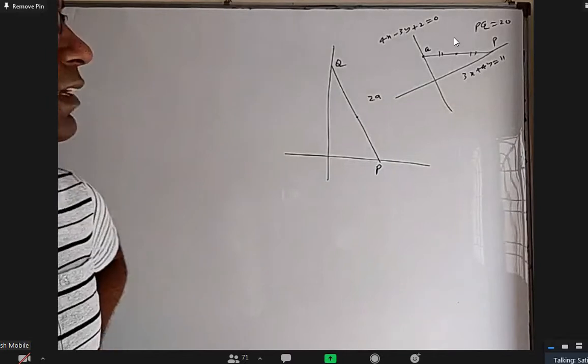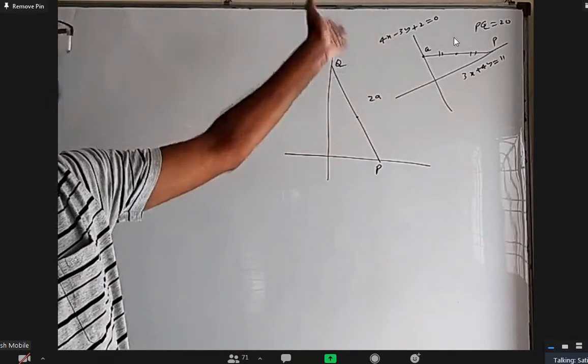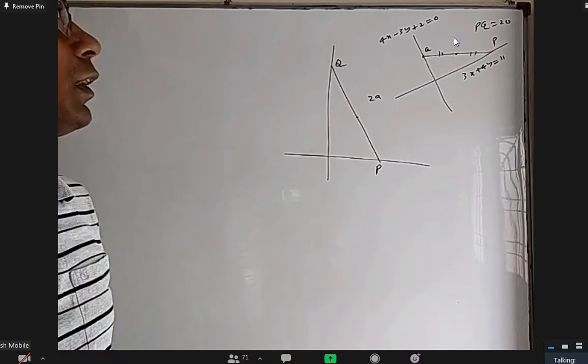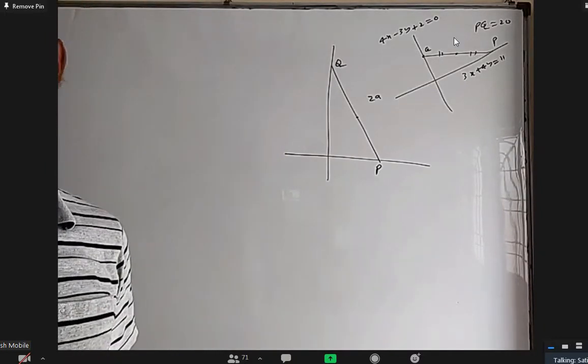The question was P is a variable point on this line, Q is a variable point on this line, such that PQ is always 20. What is the locus of the midpoint of PQ?